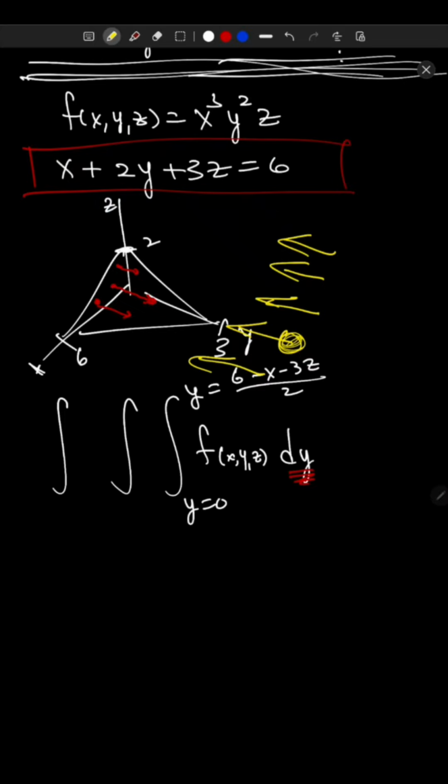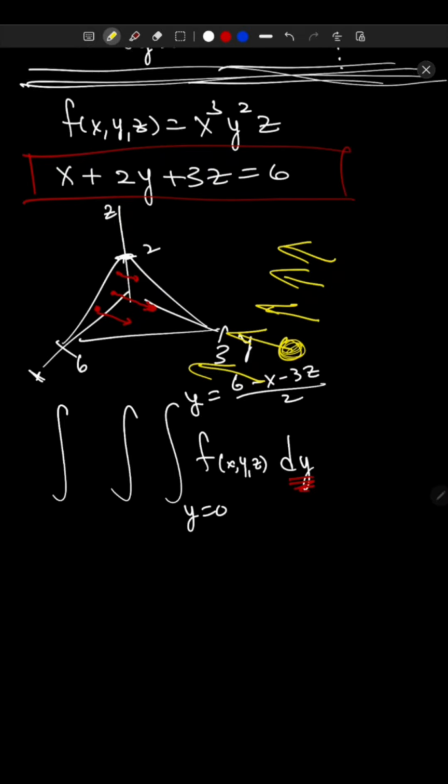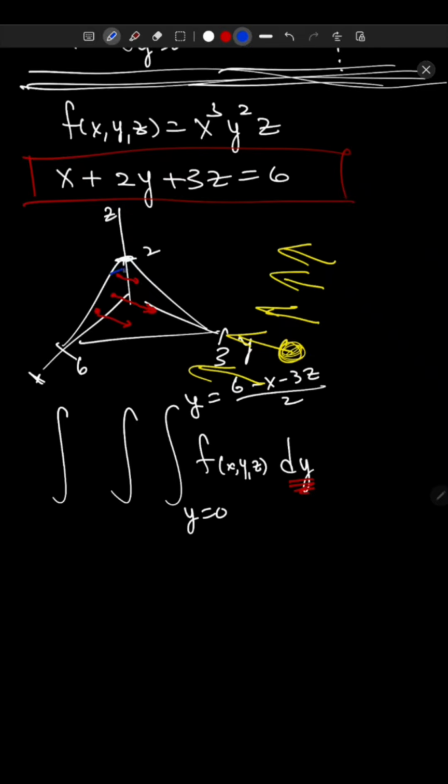And anywhere our region makes a shadow on the xz plane is where we want to integrate dx dz or dz dx. So in this particular case, we can see that that's going to be that triangle right there. Everywhere on that triangle is going to be shaded by the sun shining from the y-axis.